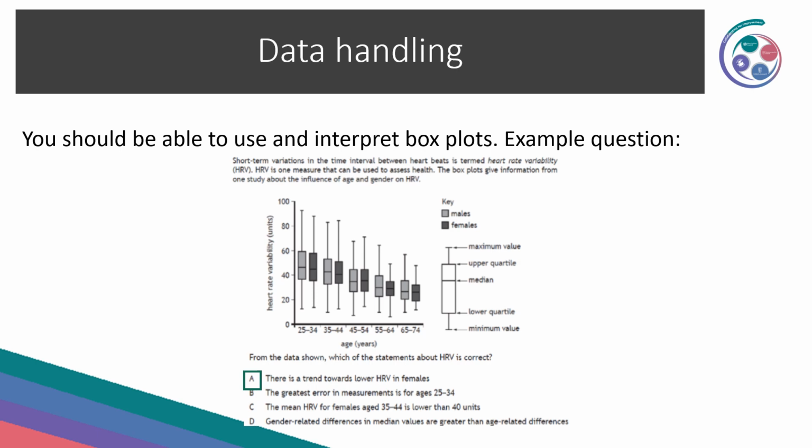It's greater than that. And gender-related differences in median values are greater than age-related differences. So for D, we can see definitely that the gender differences are closer than the age-related. We can see that the age-related, there are bigger differences between them.